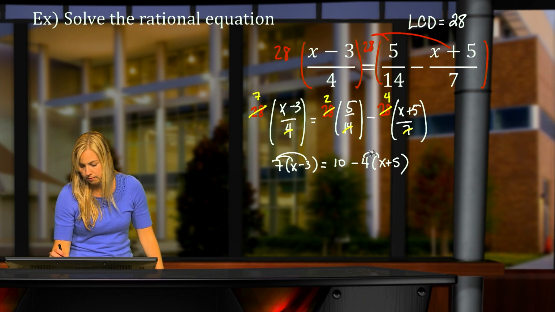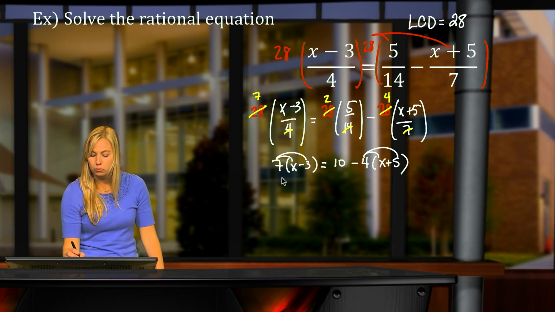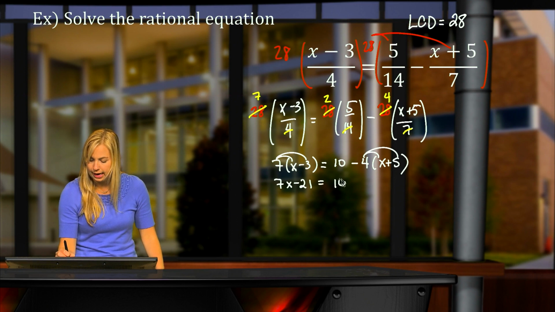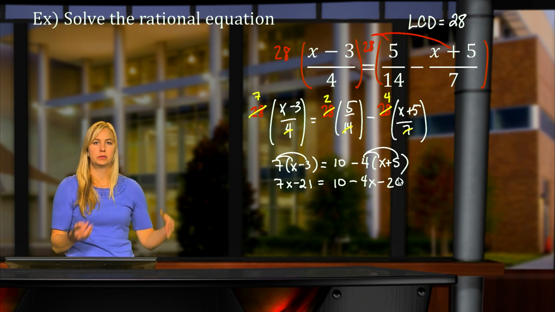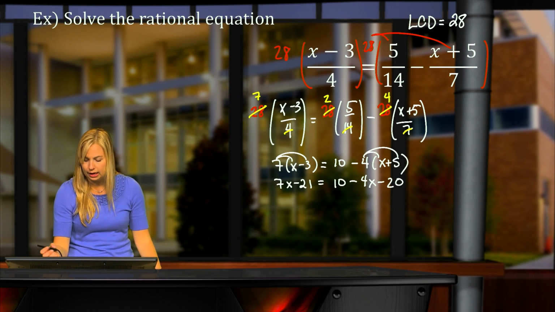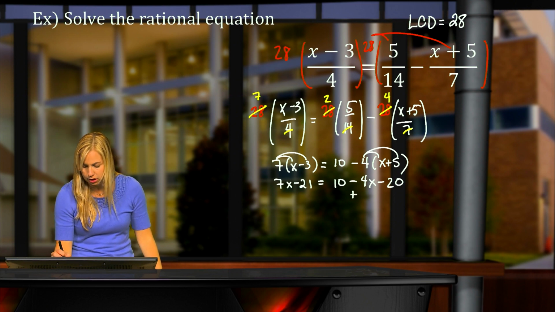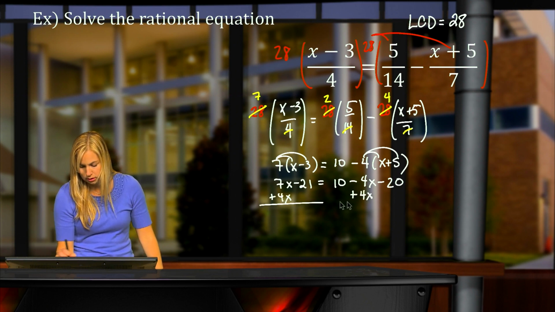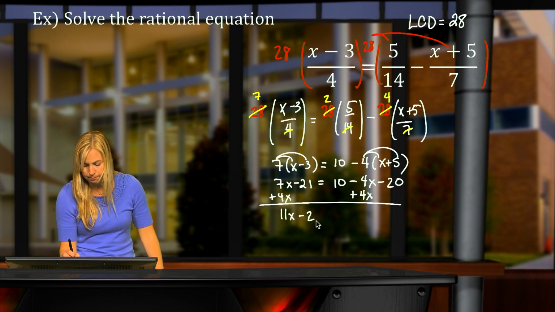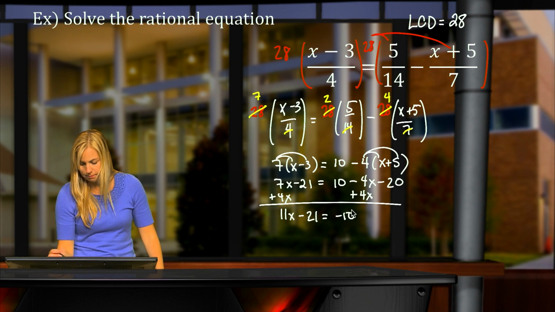First, we're going to distribute: 7x - 21 = 10 - 4x - 20. Combining like terms on the left and right-hand side of the equal sign, we're going to get all of our x's together by adding 4x to both sides. 11x - 21 = -10.